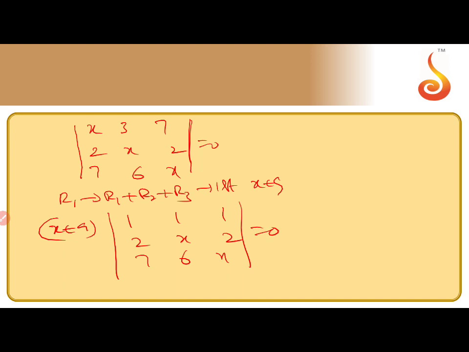Now other things, I told before: if any row or column contains 3 ones, make sure that two zeros. So now I want to make this 0 and this 0. That means you can take C2 as C2 minus C1 and C3 as C3 minus C1.